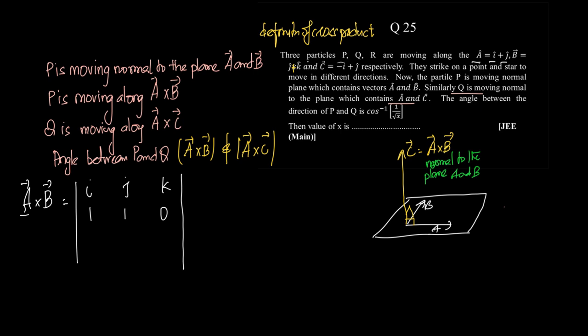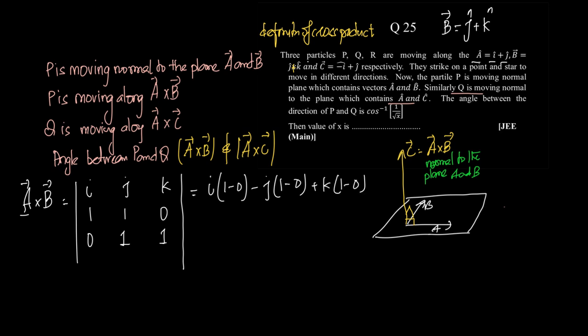Vector B is given as j plus k, which means the components are 0 1 and 1. And when you open the determinant, what you get is I into 1 minus 0 minus j into 1 minus 0 plus k into 1 minus 0, and therefore A cross B is I minus j plus k.